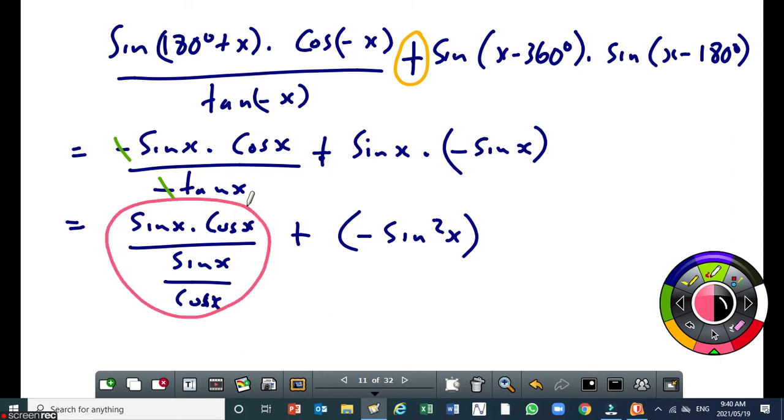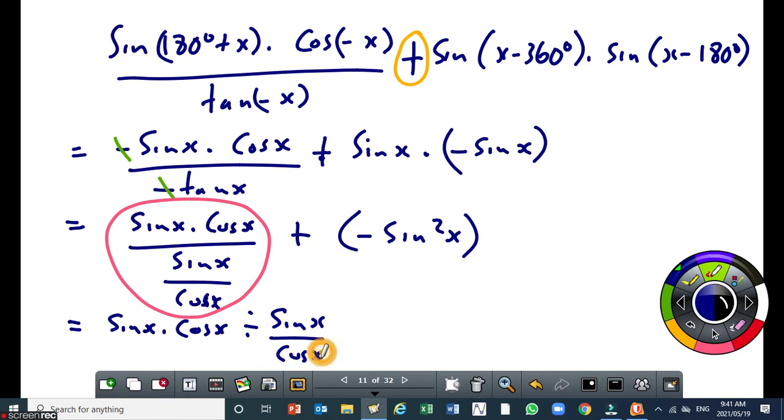To simplify it, I would suggest that we write it this way: sine x times cos x divided by, I'm changing the division line to a division sign, so that will be sine x over cos x minus sine squared x. So this positive sign changes to negative.